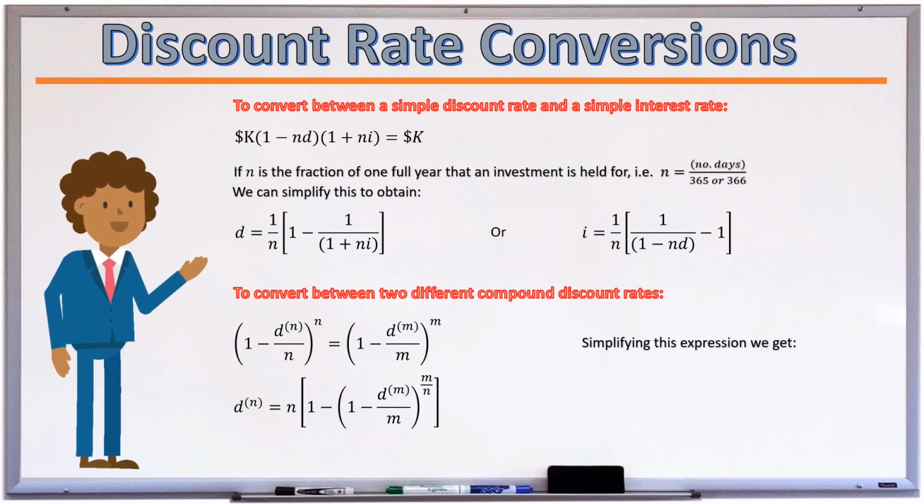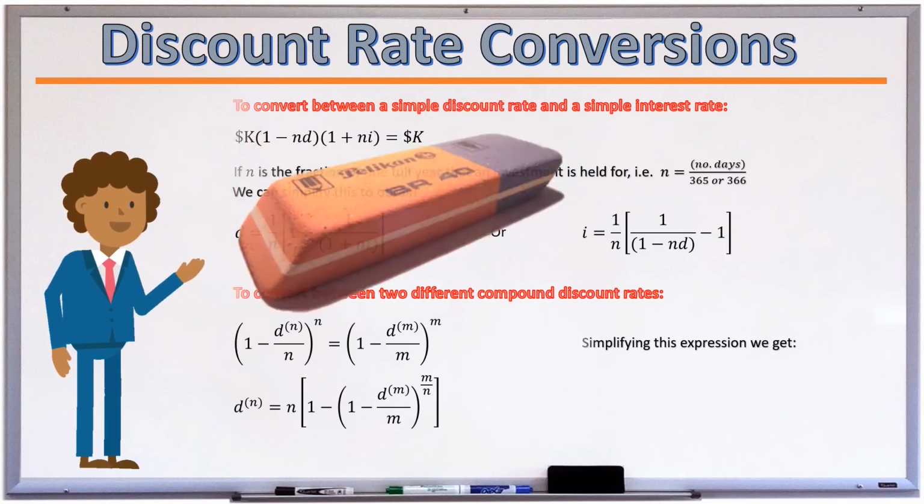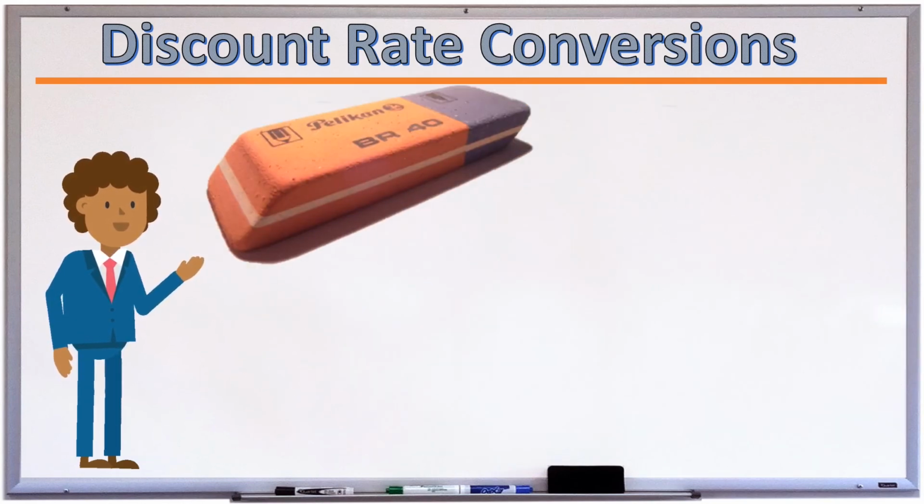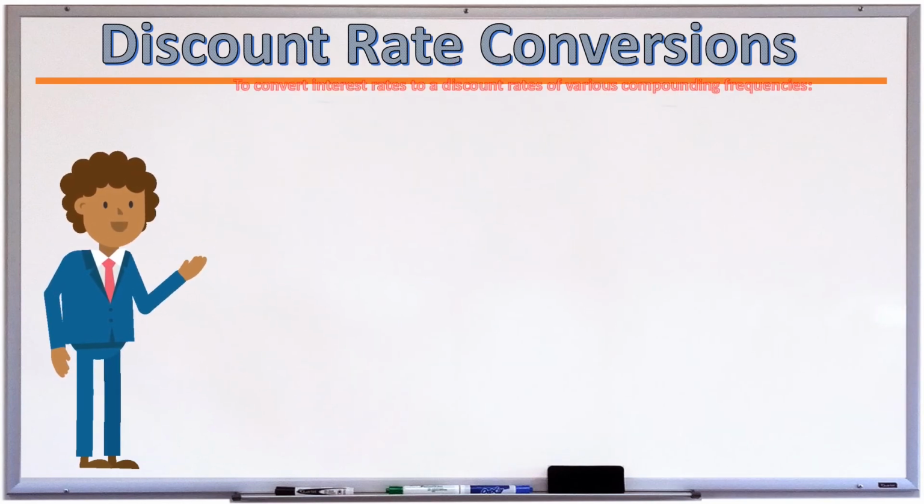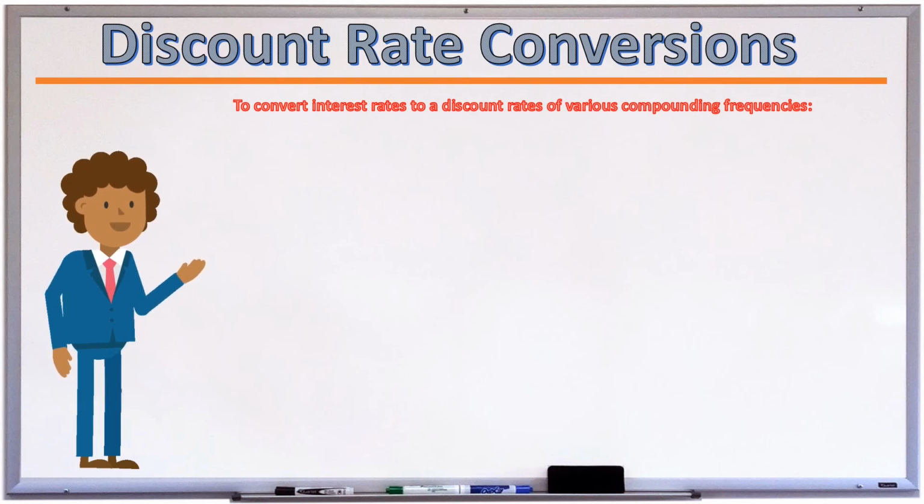Finally, we can also convert from an interest rate at any compounding frequency to a discount rate of another compounding frequency. And that's given by the formula (1 − dn/n)^n = (1 + im/m)^(−m).